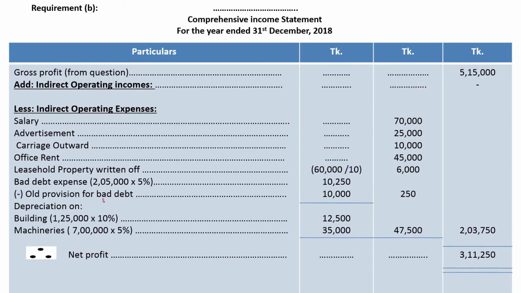Now requirement B, that is comprehensive income statement. My dear students, we know that through comprehensive income statement we can know total three results. Number one, gross profit. Second, operating profit or loss. Third, net profit or net loss. Okay, dear students. However, from the question, gross profit 5,15,000 taka.